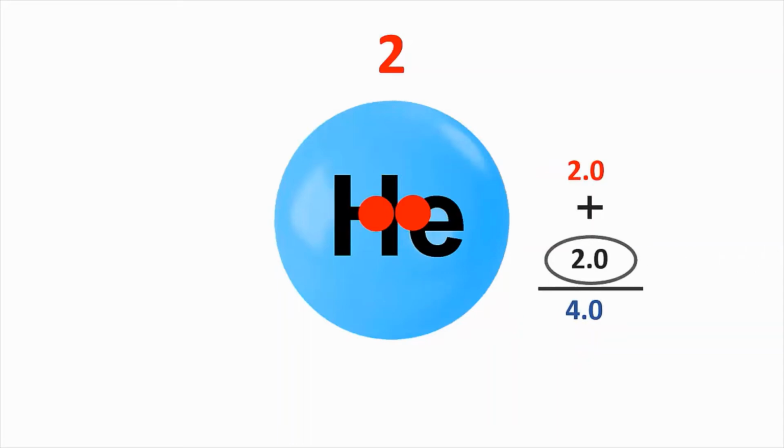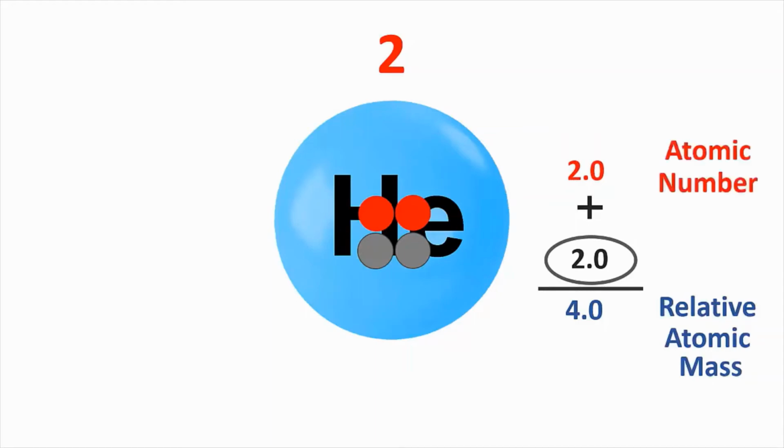The neutrons must weigh 2. So there must be 2 neutrons, because each weighs 1. Easy peasy. The neutrons are just the difference between the total mass and the number of protons, or the difference between the relative atomic mass and the atomic number.